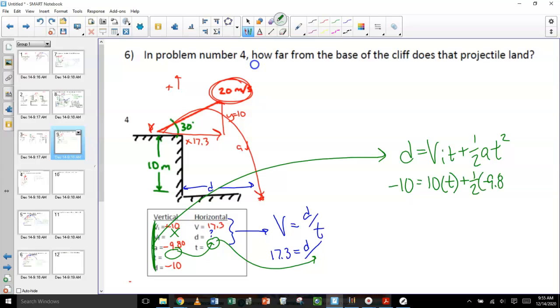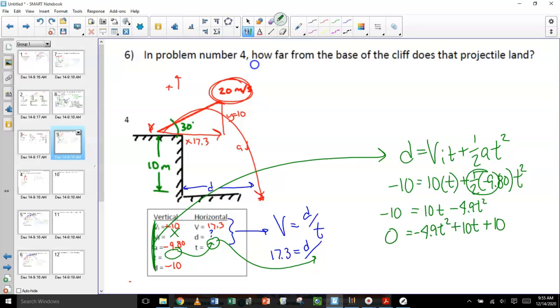Negative 9.8 over 2 t squared. This is a quadratic. Negative 10 equals 10t, combining these, minus 4.9 t squared. So I rearrange all this and I get 0 equals negative 4.9 t squared plus 10t plus 10.